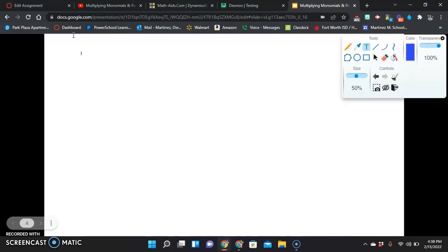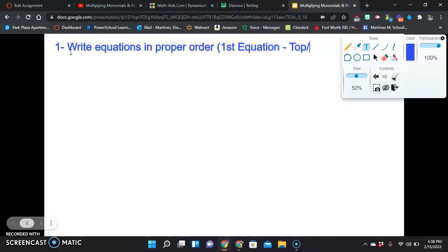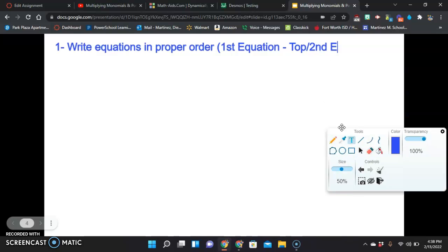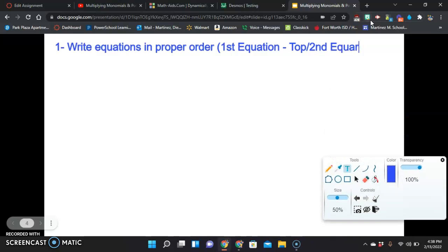So the first step, number 1, is going to be write equations in proper order. So first equation up top, and second equation on the side. There we go. That is number 1.